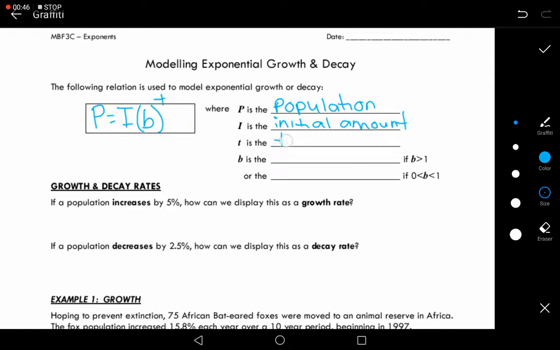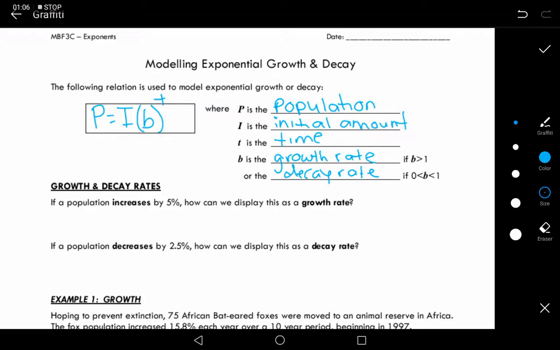T is the time. And B is the growth rate if it's greater than 1, or the decay rate if we have a fraction or a decimal.